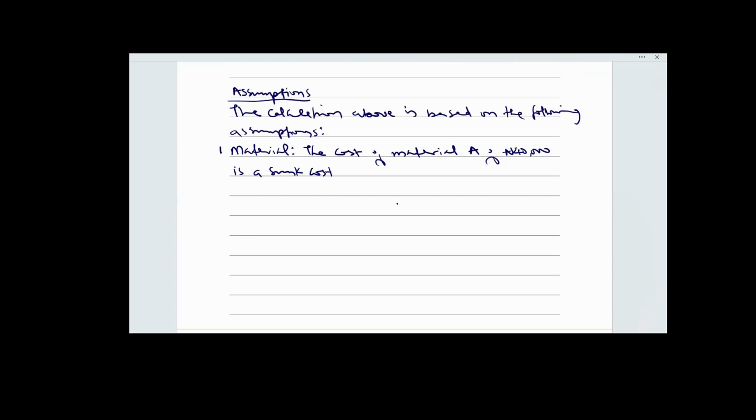You can't just say it's a past cost. You have to mention sunk cost. It's a sunk cost, okay? Or it is irrelevant to the calculation. That's not sufficient. Then you now mention the reason, because it's a sunk cost.